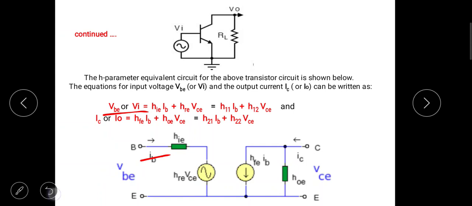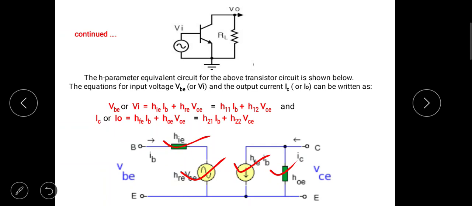Now come to this H parameter circuit. Again here this first parameter HIE is the equivalent of the H11 parameter. This second is a voltage source. This third is a current source, and the fourth parameter is nothing but output admittance.